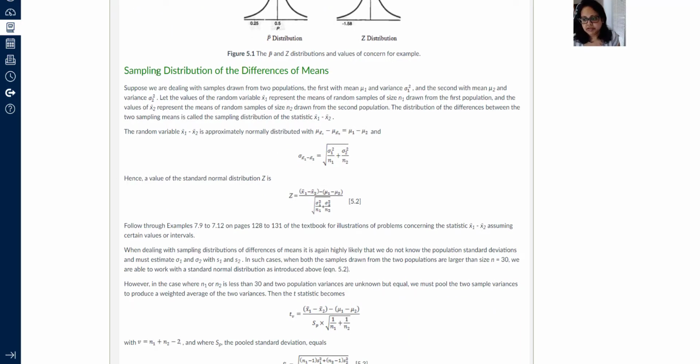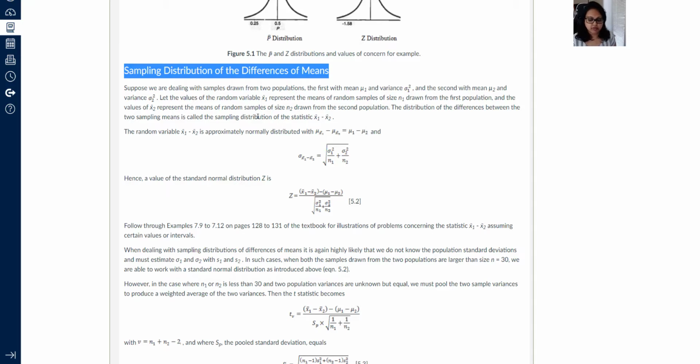So for the sampling distribution of the differences of means, you have to be careful about what the statistic is. Is it the mean, the proportion, the variance, or the difference between the means, proportions, or variances? Since we are talking about the sampling distribution of the difference between means, that means we have 2 populations, and from those 2 populations we are getting 2 samples.